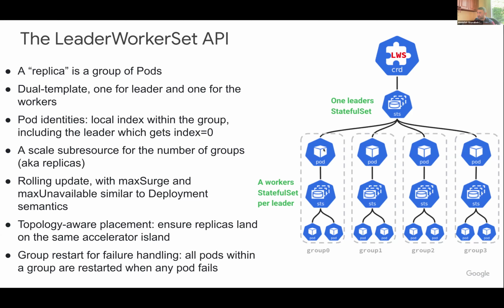Now, for each pod that gets created by this leader StatefulSet, we have a watch, and that watch will react by creating a StatefulSet that is owned by these pods. So you will have another StatefulSet per group. In this example, you have 4 groups, so you're going to end up with 5 StatefulSets: one that manages the leaders and one that manages the workers of each group.